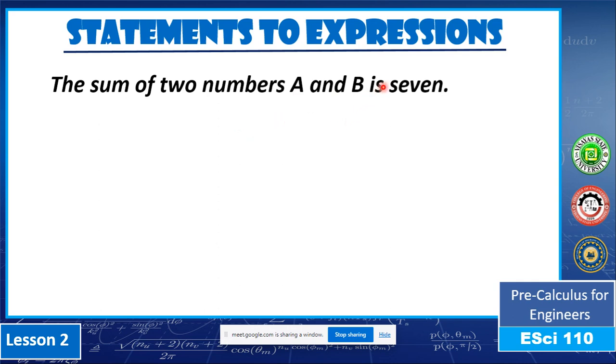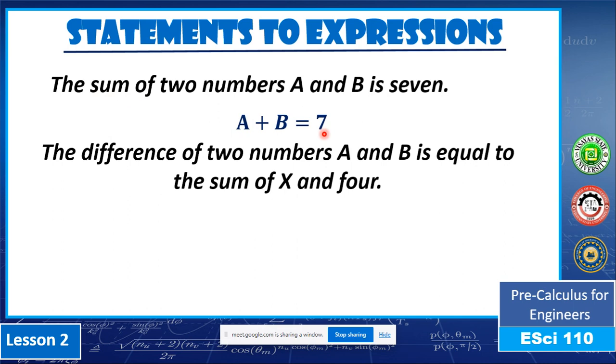Since when we talk about is, kapag meron tayong linking verb na is, it denotes an equal sign. So, equal ni siya. So that's why we have A plus B, since it tells nga ang sum daw. So A plus B equals 7. Another example, the difference of two numbers A and B is equal to the sum of X and 4.